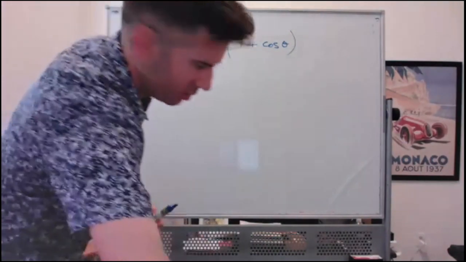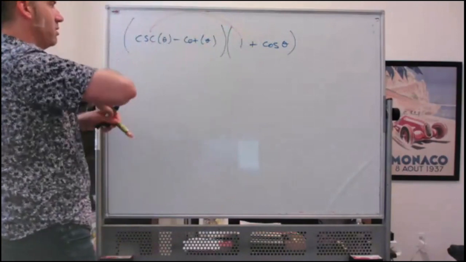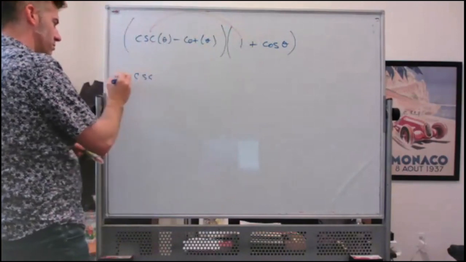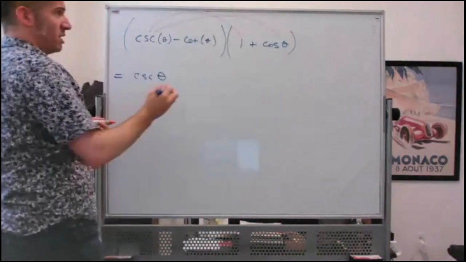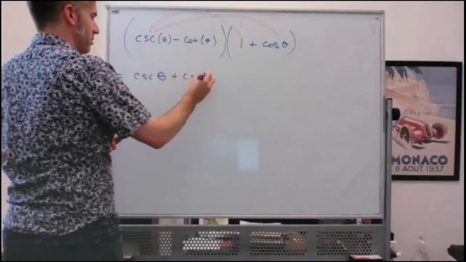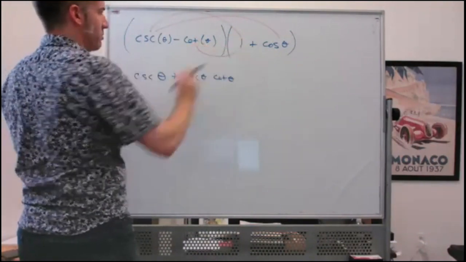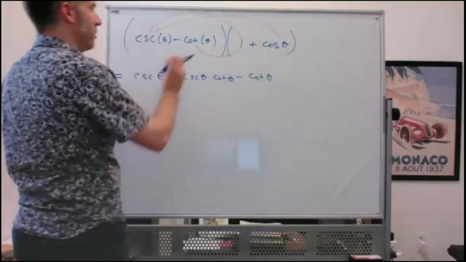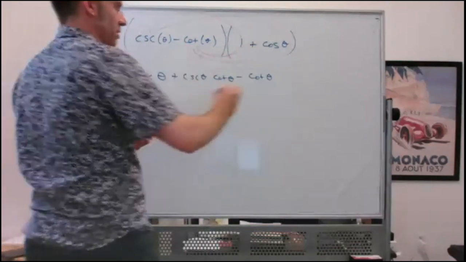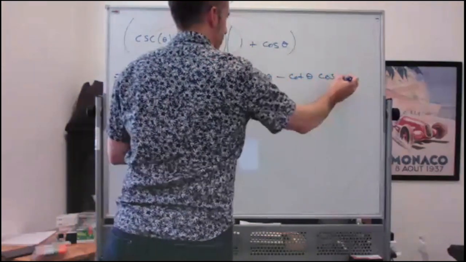So I might just do this times this, which is cosecant of theta. And then this times this, which is cosecant times cotangent. And then this times this, which is minus cotangent theta times 1. And then this times this, which is minus cotangent theta times cosine theta.